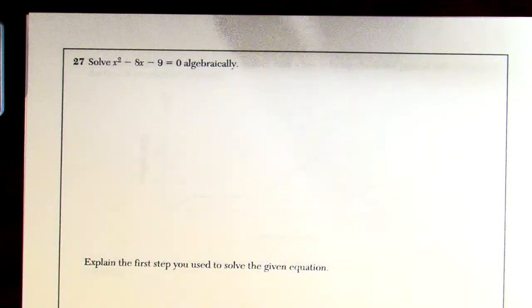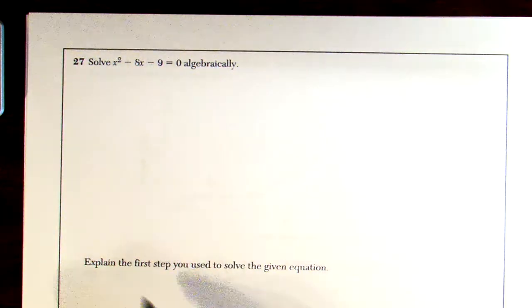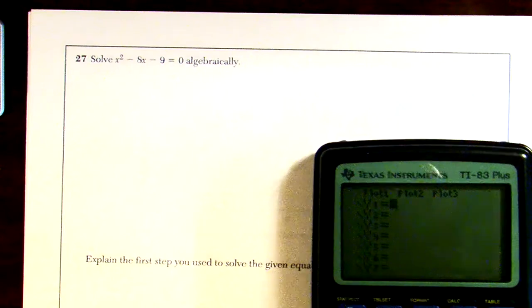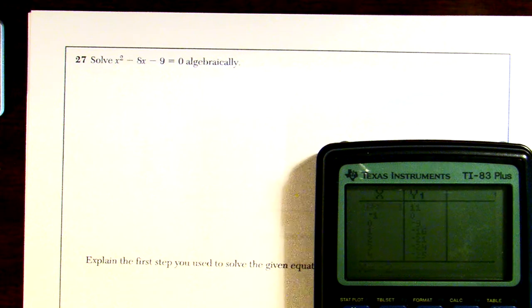27 says solve x squared minus 8x minus 9 equals 0 algebraically. Explain the first step you used to solve the given equation. Well, guess what, guys? We can do this algebraically with using the calculator. And the way you do that is you go to your y equals, type in x squared minus 8x minus 9, second graph, and I want to find my zeros in the y.